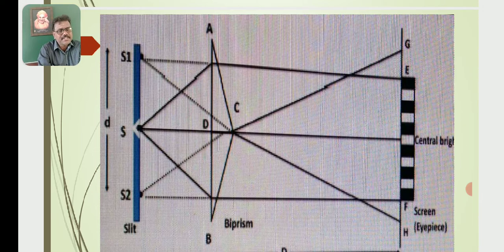After passing through the biprism, the rays emerging from the biprism are incident on the screen.